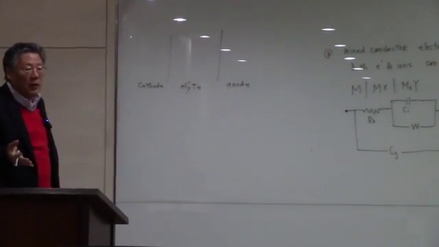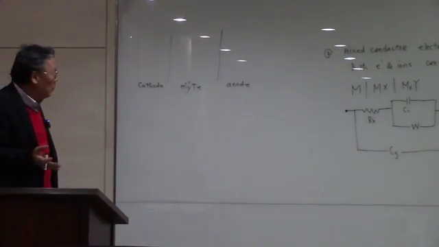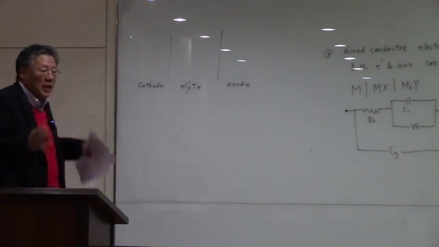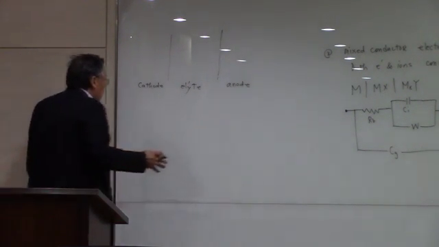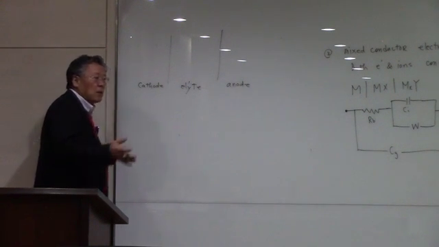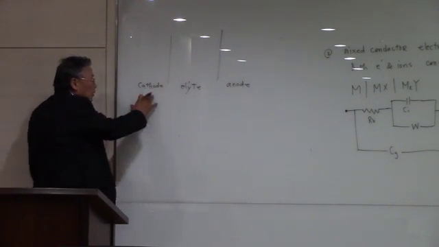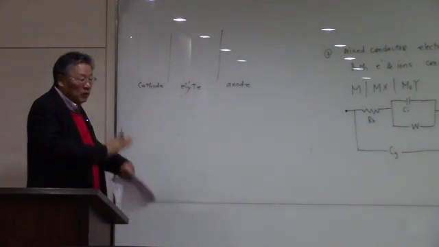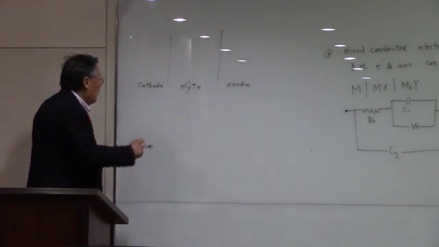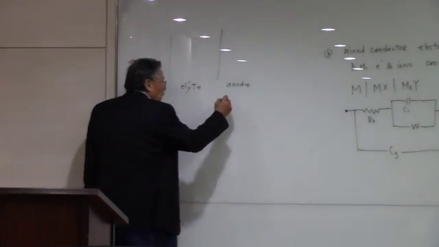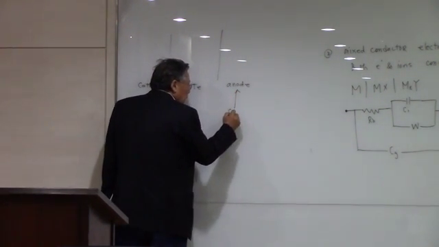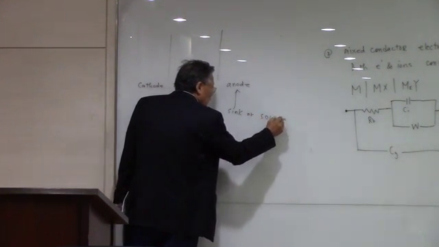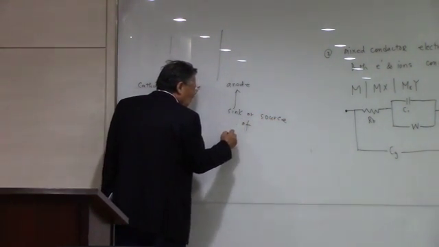That is the reaction that happens. Reduction and oxidation, that is the chemical reaction that happens. But physically or chemically, the function of the cathode and anode is totally different. Okay? The anode is a sink or source of electroactive species.